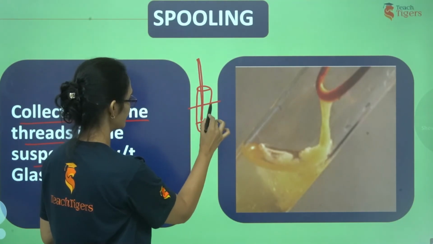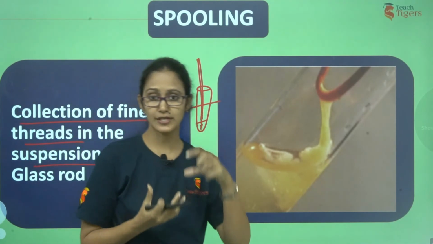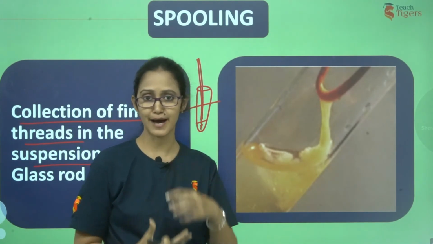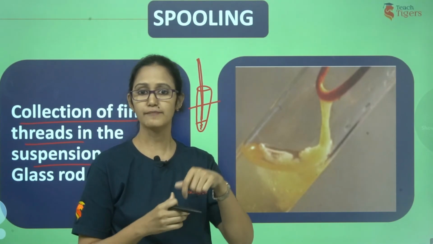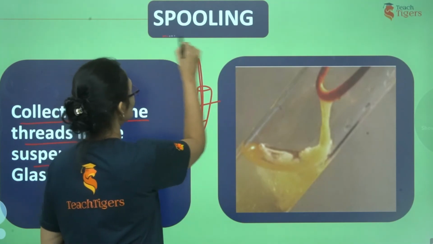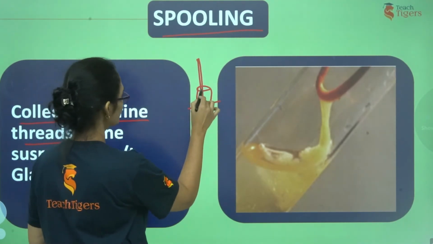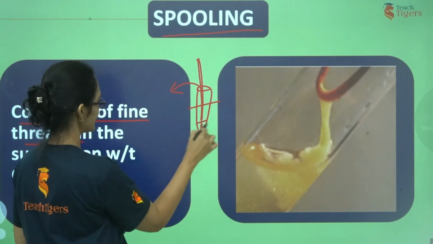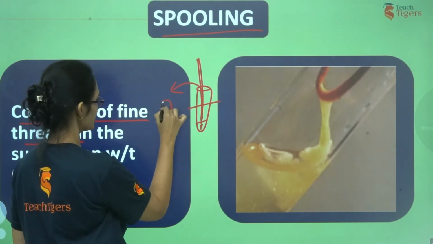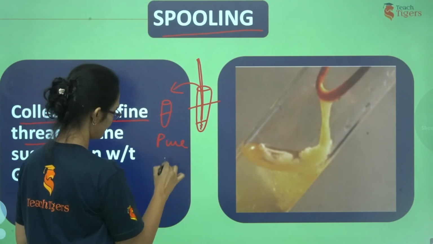This is the layer of ethanol. So the process by which the insoluble white mass of DNA fibers are pulled out with the help of glass rod is called spooling. And this is how you are able to pull out the mass of DNA fibers into a fresh test tube, and this is your purified sample of DNA.